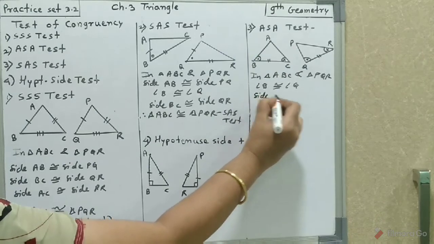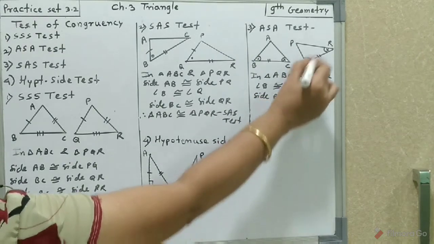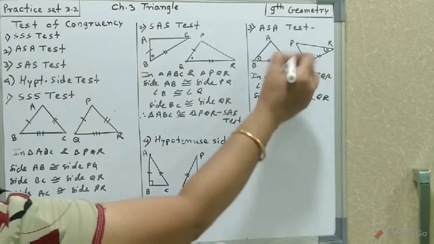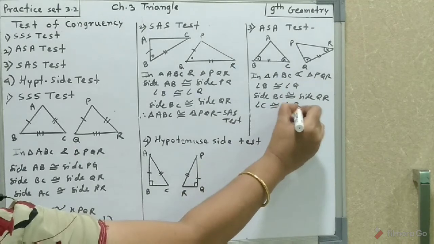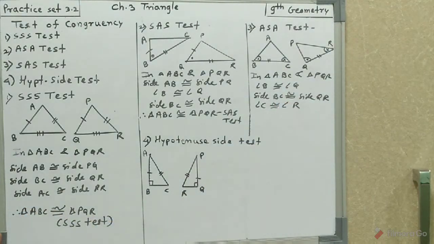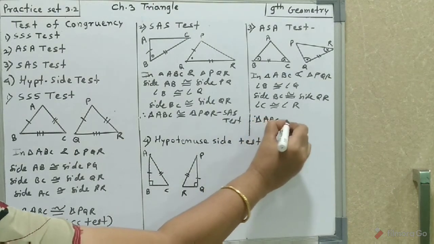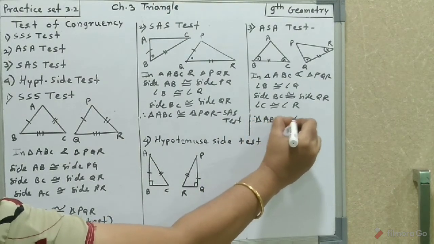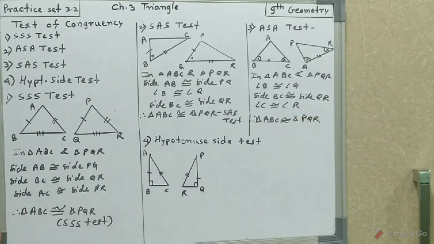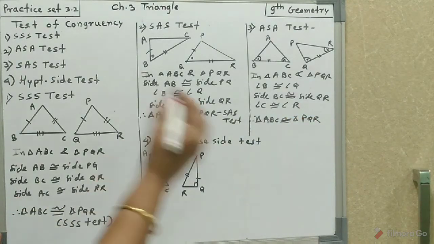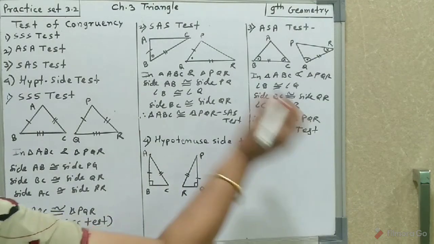Then we write here side BC congruent to side QR, and last angle, that is angle C congruent to angle R. Okay, so these are the three. So we write here, therefore triangle ABC is congruent to triangle PQR. Okay, and which test? ASA test. This is the third one.